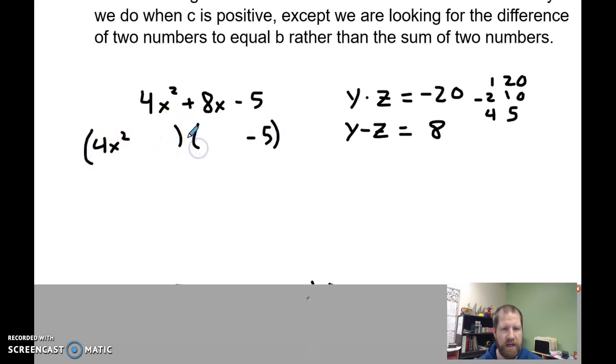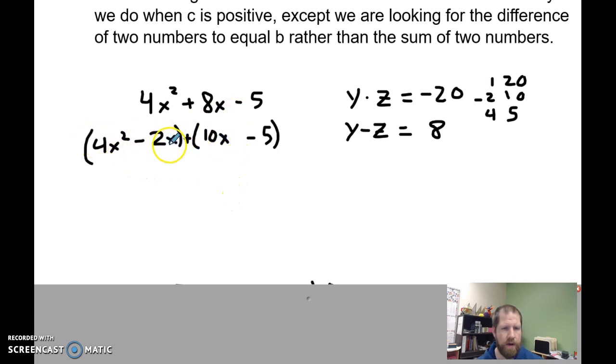And if that's the case, then our second term in our first binomial also has to be negative. Okay, so if I've got a negative factor, that's where I'm going to put it. All right, so I'm going to make sure that my second term here is negative, and then I'll have my 10x there.